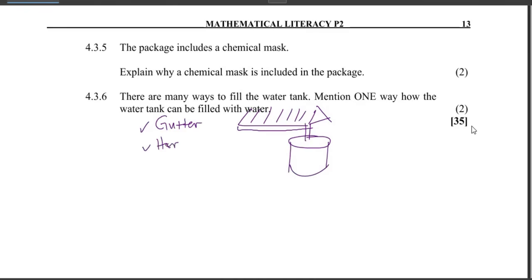You connect to the tap, then you put the water in the tank. If not a hose pipe, you can use a pump itself, like a borehole pump, right? You dig water from underground, then they fill up the tank. Okay. Others can use buckets. You can use a bucket to fill up the tank. You collect water as you fill it up.